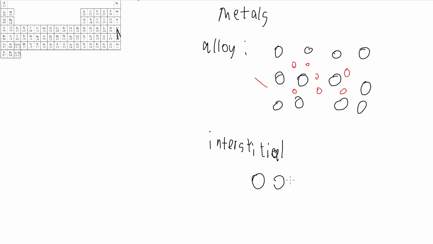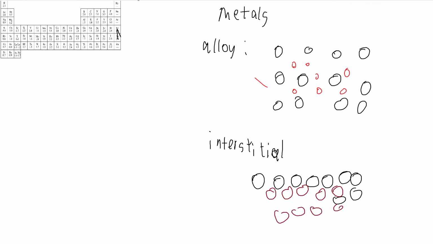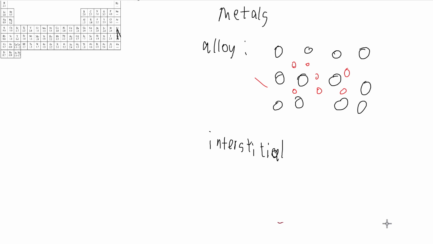So if we have something like this, right? Then an interstitial alloy can plug up all of these holes and sort of have the same size as the other metal atom. Okay? So if we were to make stainless steel, this is how it will be made. Okay?